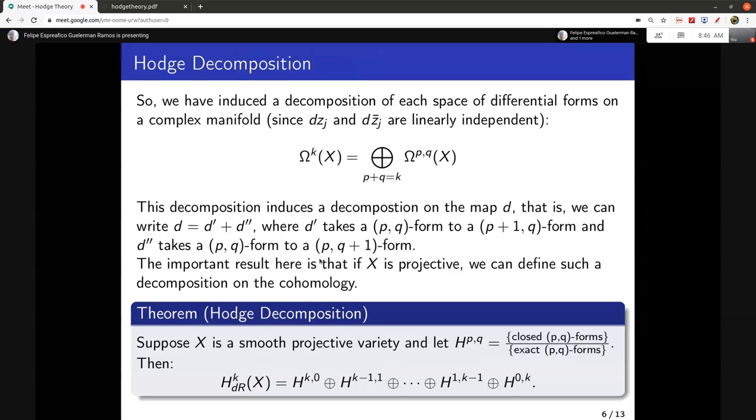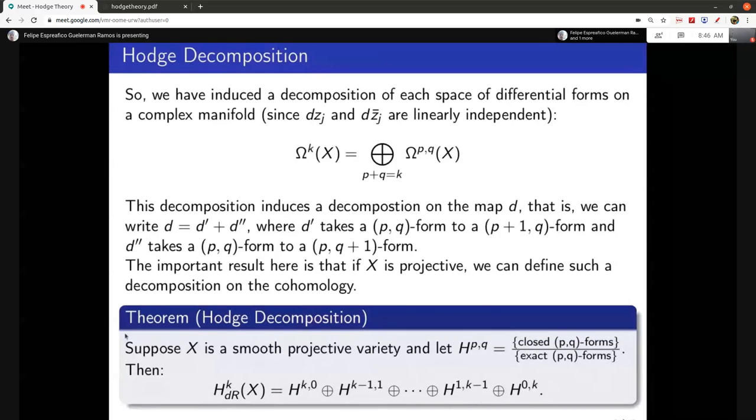So, I mean, this is just considering this decomposition here. And also, if X is projective, we can consider this theorem, which is a very famous theorem and not easy to prove. So, if you have a smooth projective variety, we can define this H^{p,q}, which would be closed (p,q) forms divided by exact (p,q) forms.